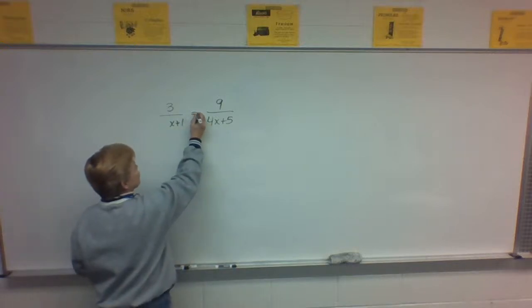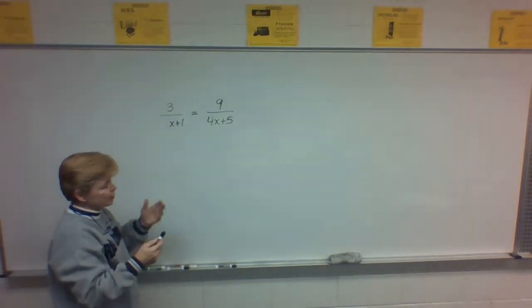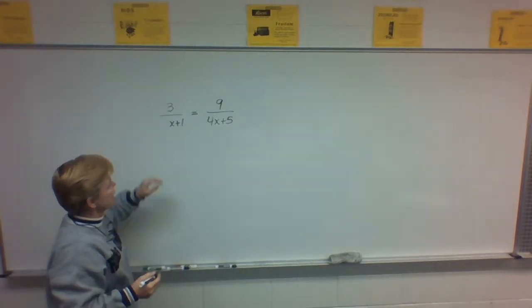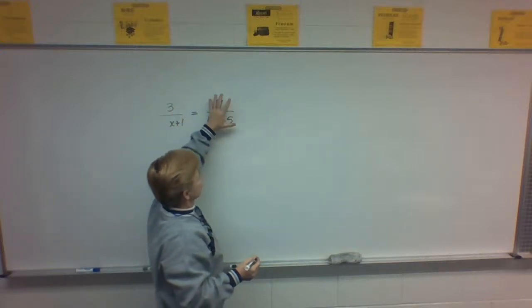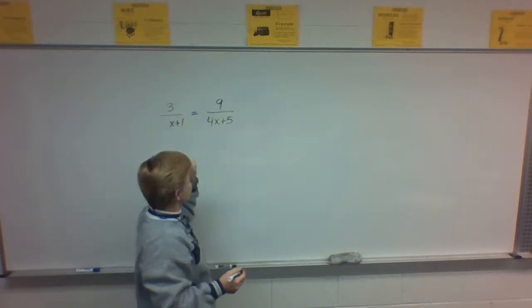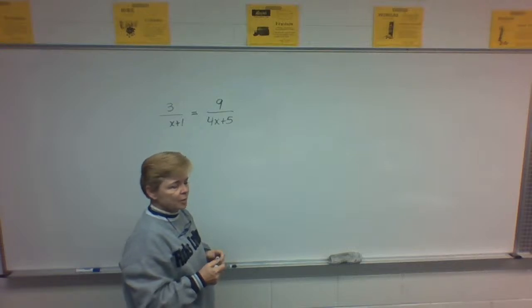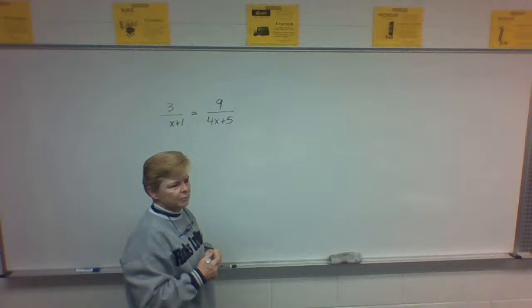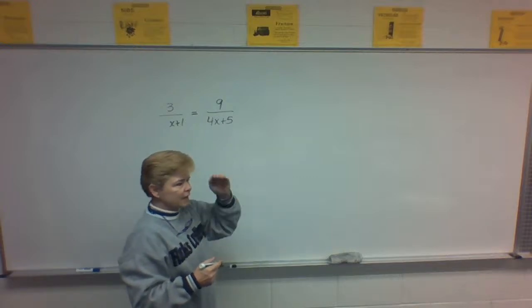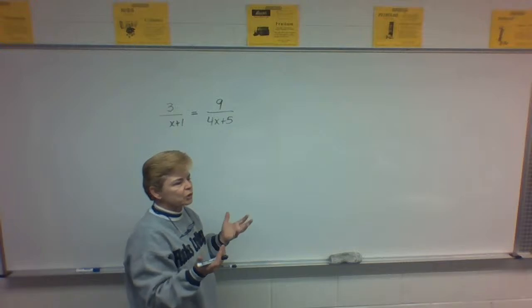When you have, and this is something I would like you to default to no matter what for the rest of your math career forever, you've probably already done it, whenever you have just one fraction on the left, equal to one fraction on the right, with an equal sign between, you should cross multiply. Remember what cross multiply means? You always did it with proportions in geometry. Remember when we said 3 is to 5 as 7 is to x plus 1, and it was similar triangles or whatever?